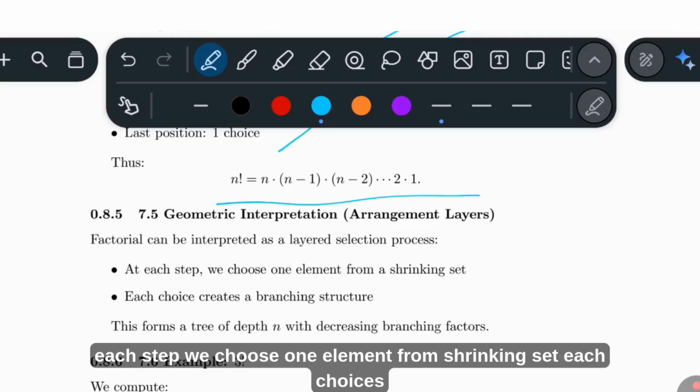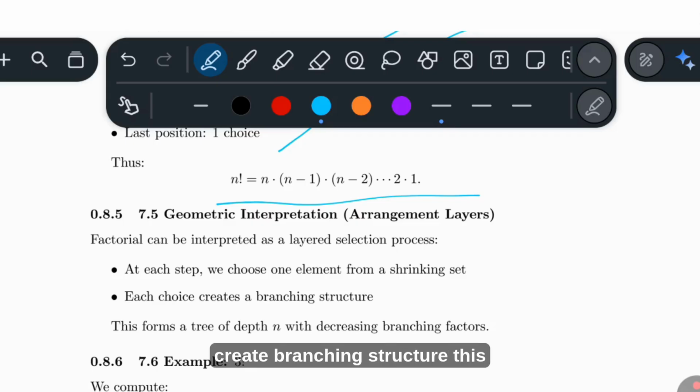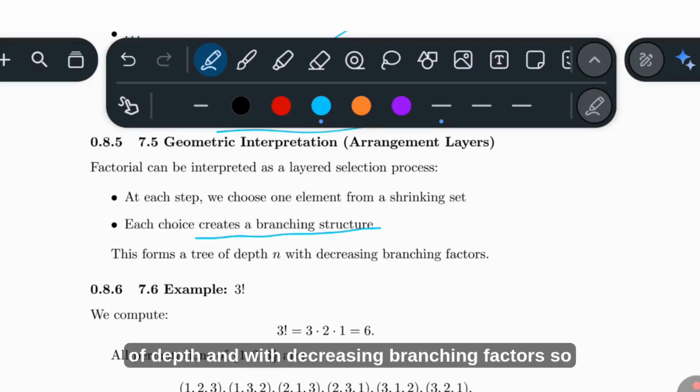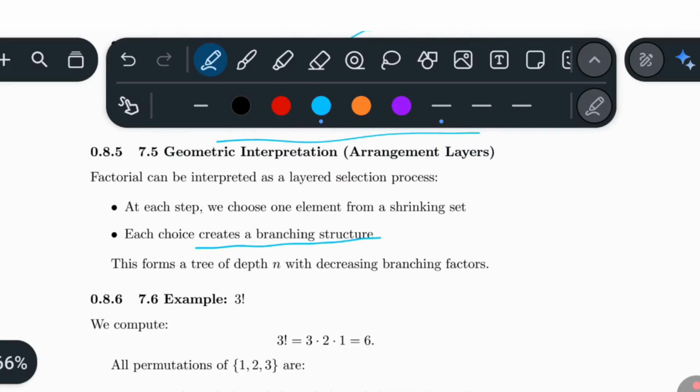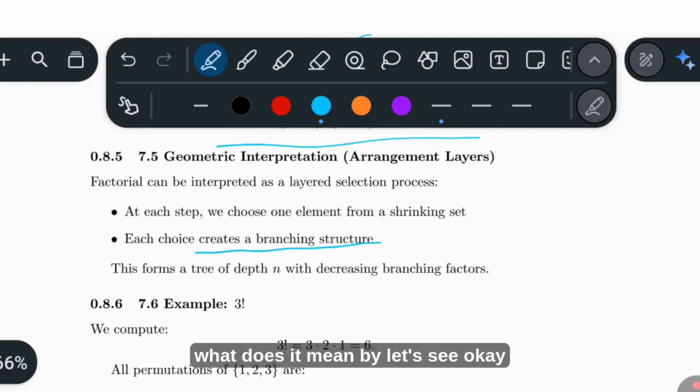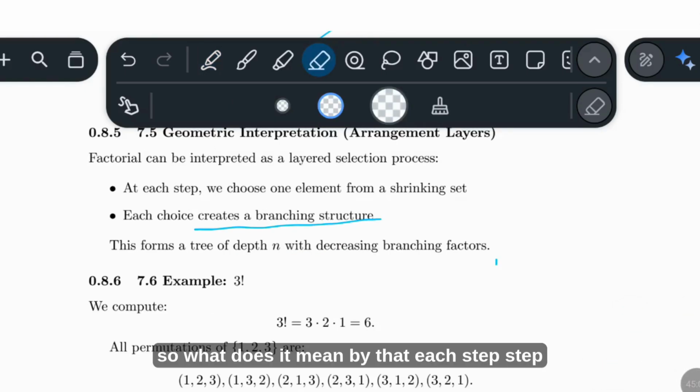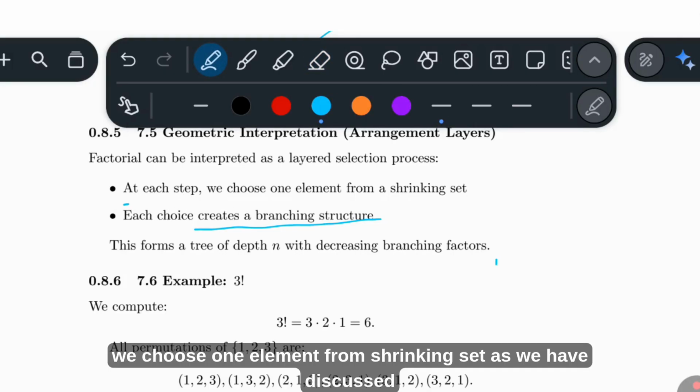Factorial can be represented as a layered selection process. At each step, we choose one element from a shrinking set. Each choice creates a branching structure. This forms a tree of depth n with decreasing branching factors. What does it mean? At each step we choose one element from a shrinking set.